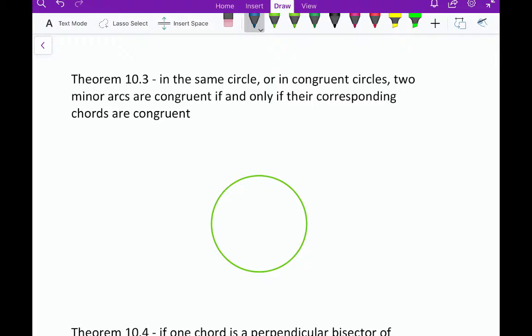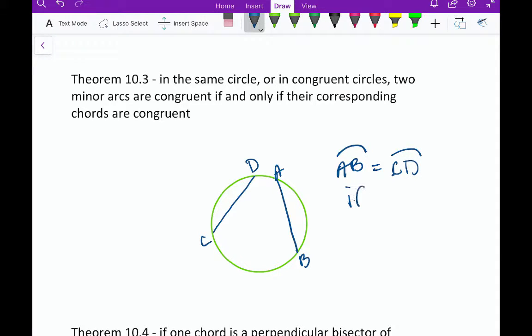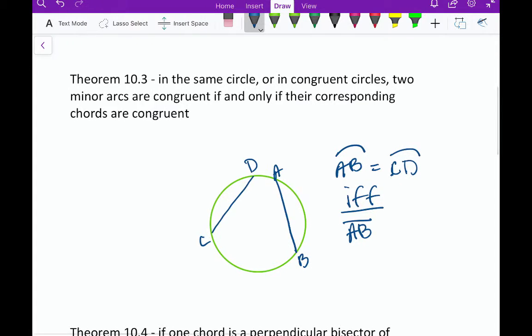If I draw a chord here and a chord here, labeled A, B, C, D, what this theorem is saying is that arc AB is equal to arc CD if and only if, that's what IFF means, the chord segment AB is congruent to the chord segment CD.